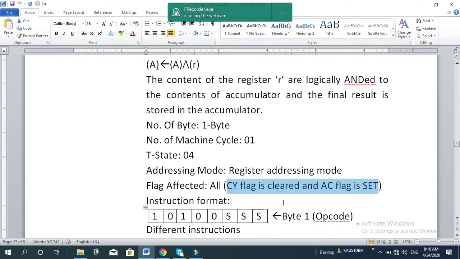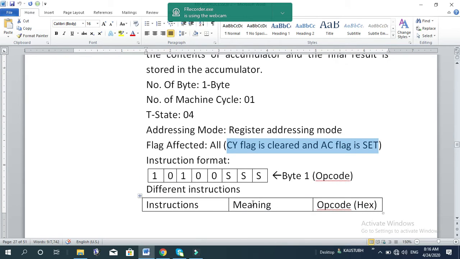Okay. So in the instruction format, since it is a 1-byte instruction, the format is 1010 0SSS. This SSS again is for the source register A, B, C, D, E, H, L, and follows the same truth table that I mentioned in my previous video.